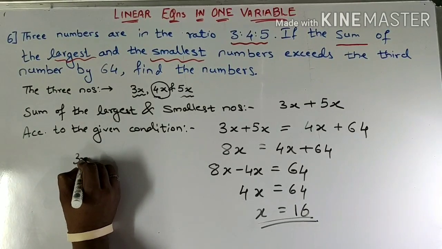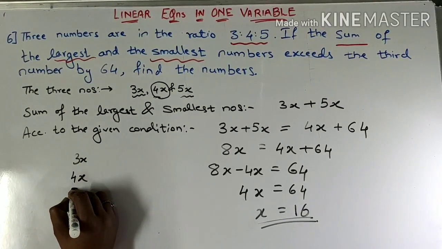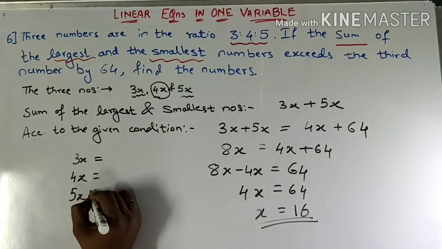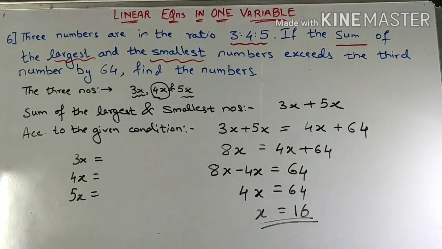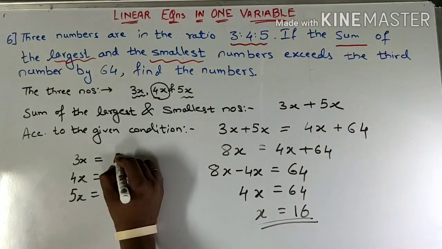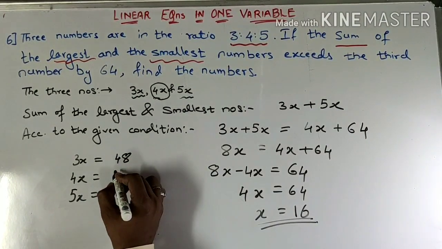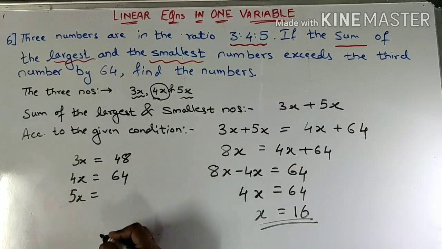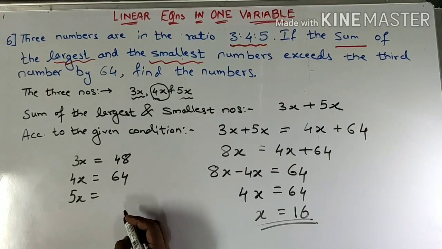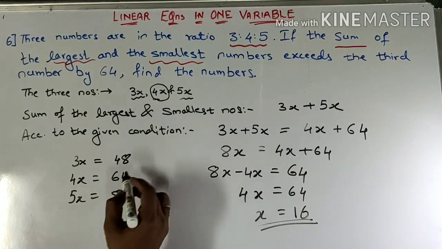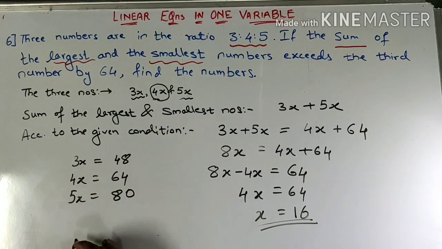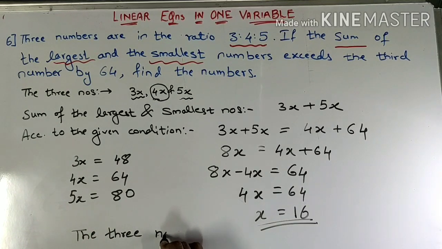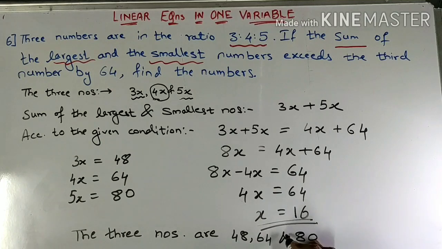The three numbers are 3x, 4x and 5x, which is 3 into 16, that is 48. 4x is 4 into 16, that is 64, and 5x is 5 into 16, that is 80. So the three numbers are 48, 64 and 80.